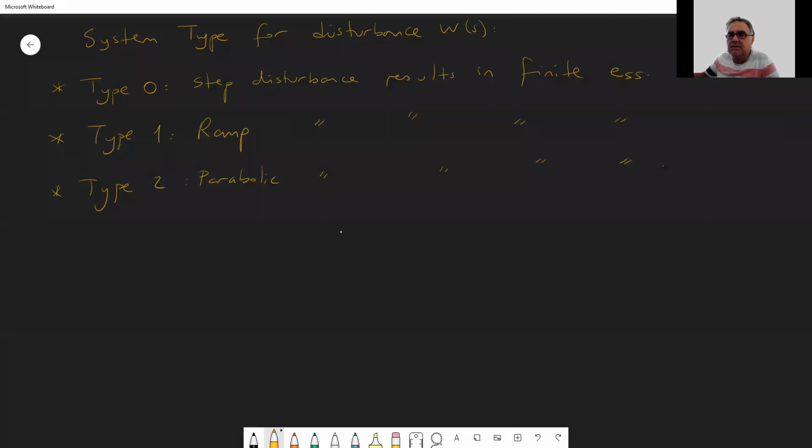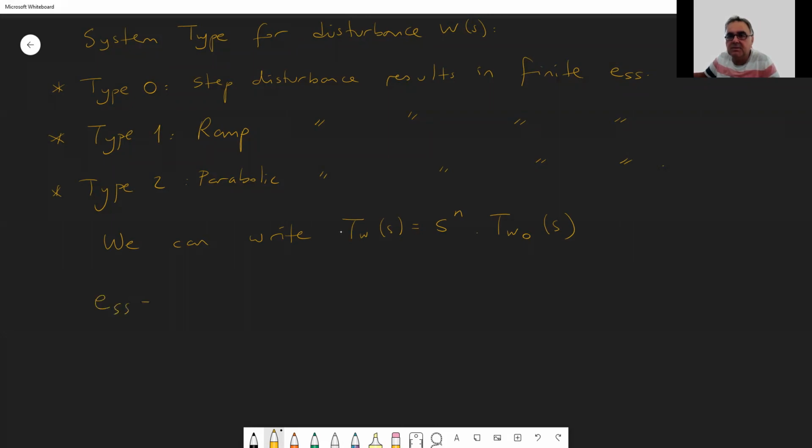Here we can write TW, the disturbance transfer function, as S to the n times, let's say, TW0 of S. Now these are the free differentiators, if you like.